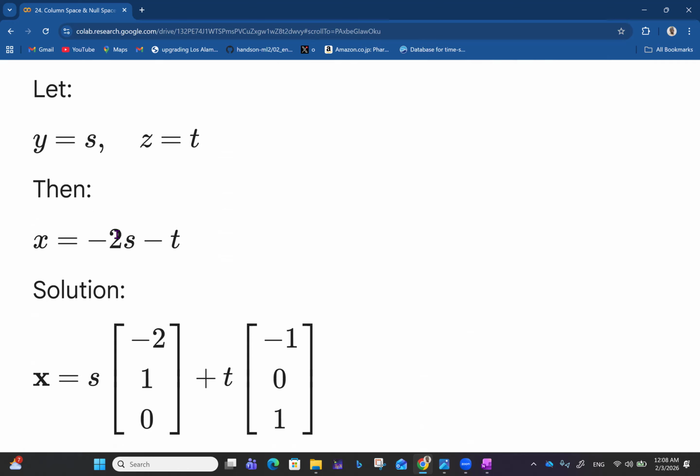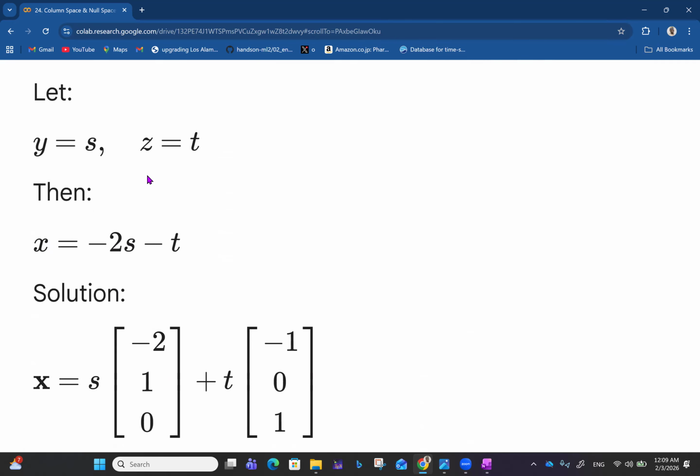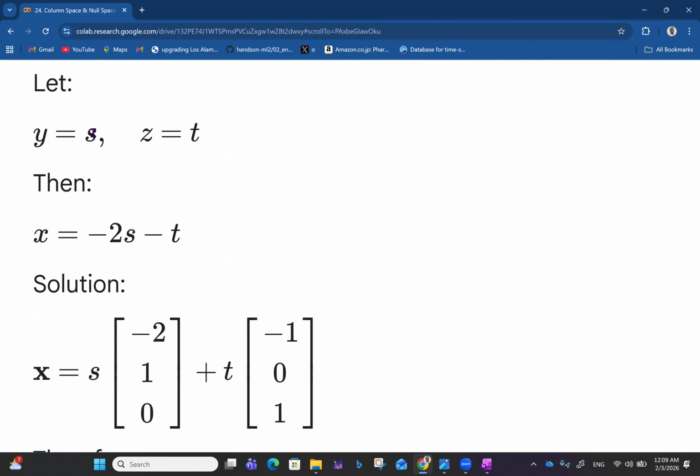When you talk about s, for x the coefficient is minus 2. For y, the coefficient of s is 1. For z, there's no s there, so that will be 0.